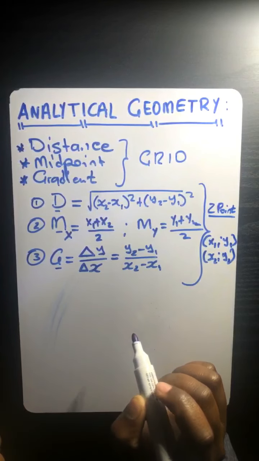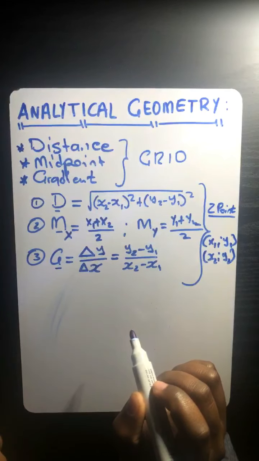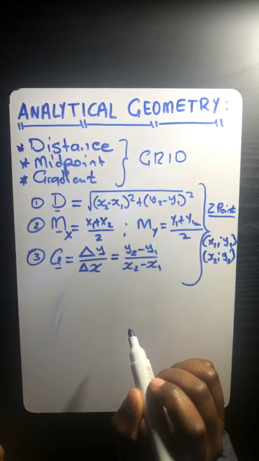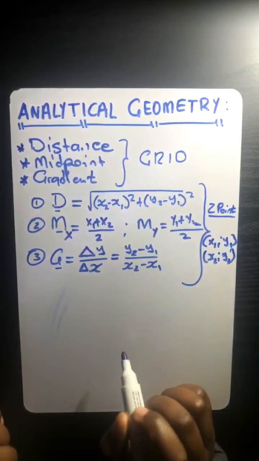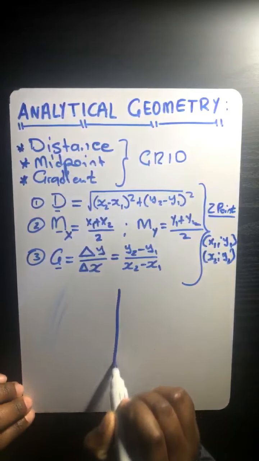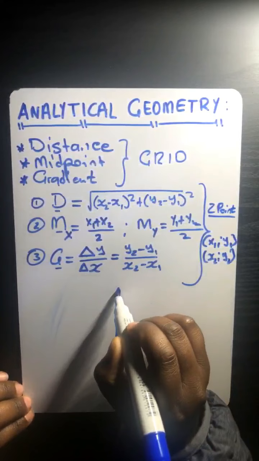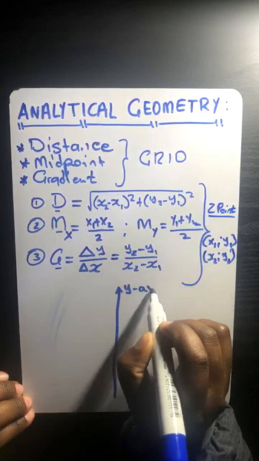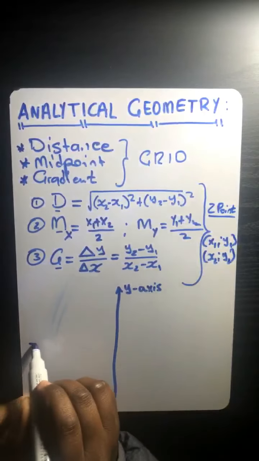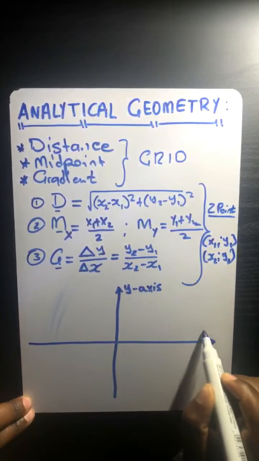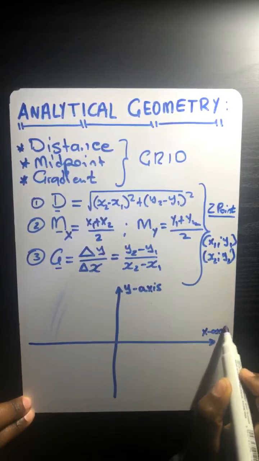Notolo, I've always been saying there's something that we call a Cartesian plane. What is a Cartesian plane, ladies and gentlemen? A Cartesian plane is just a vertical straight line called the y-axis, and again having the horizontal line called the x-axis.